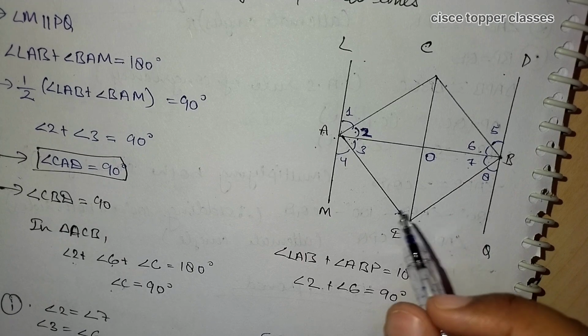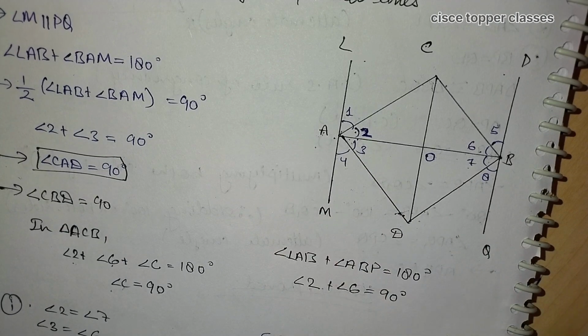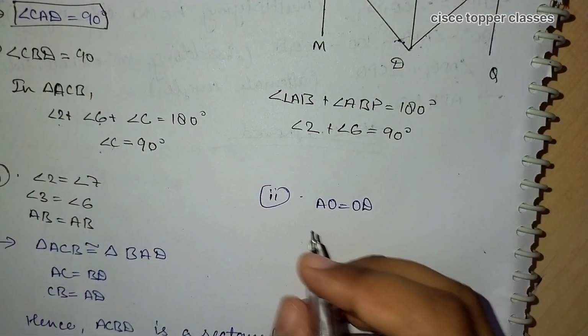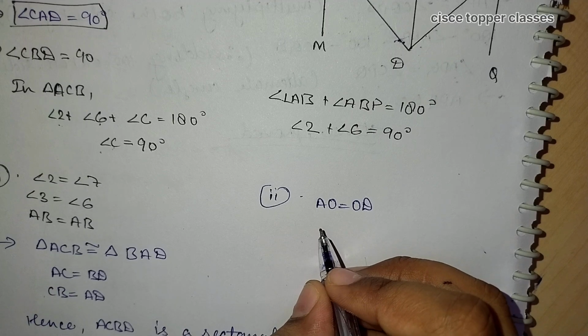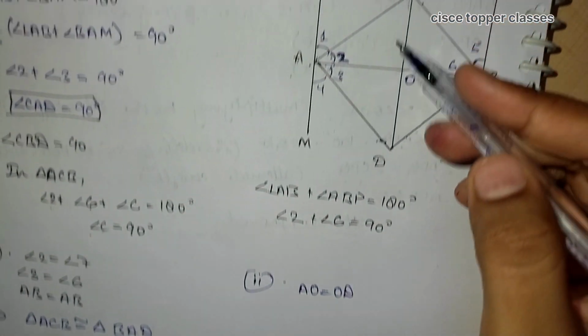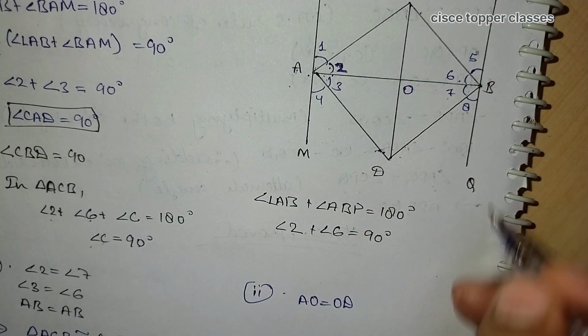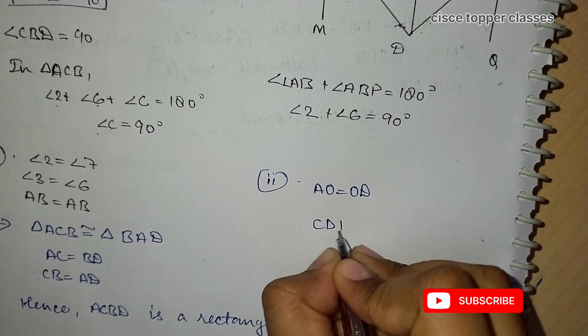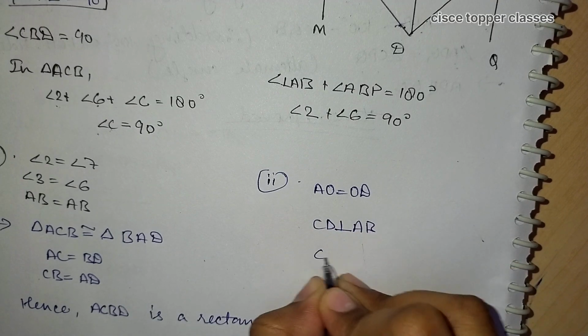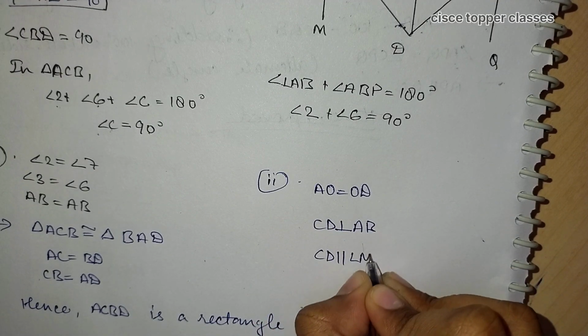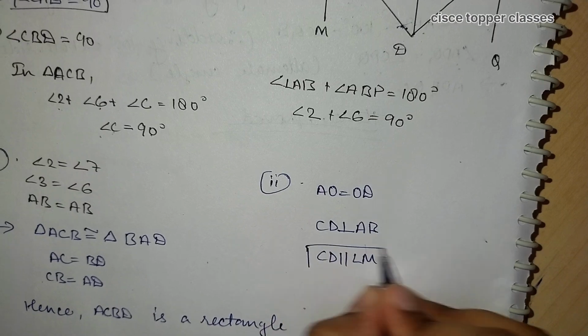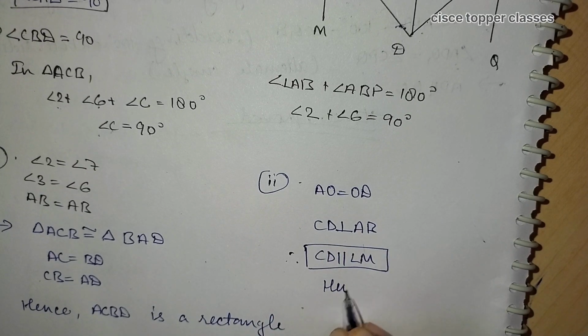So from that we can say that this CD is perpendicular to AB. As CD is perpendicular to AB, hence CD is parallel to LM and PQ. So this is only we have to prove, hence proved from here.